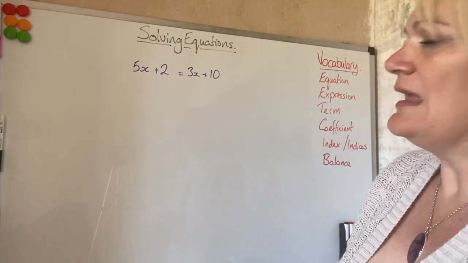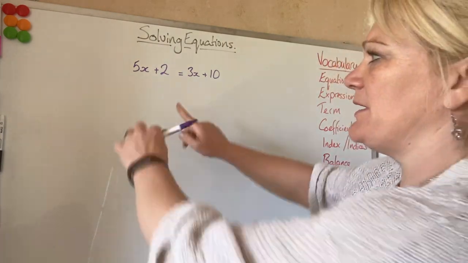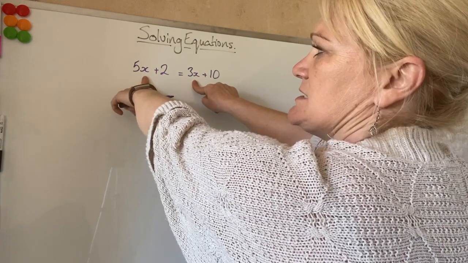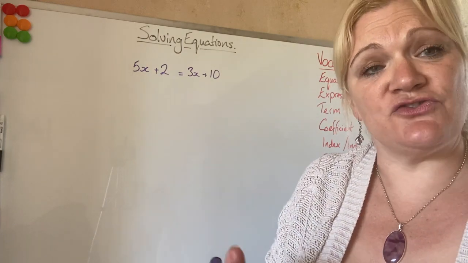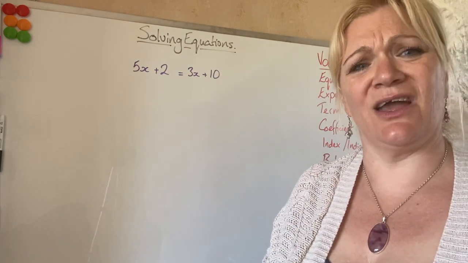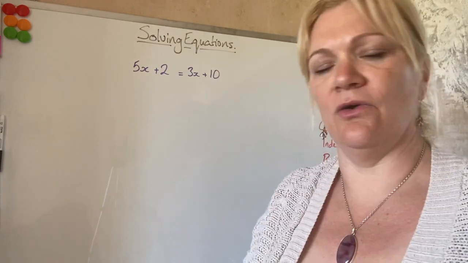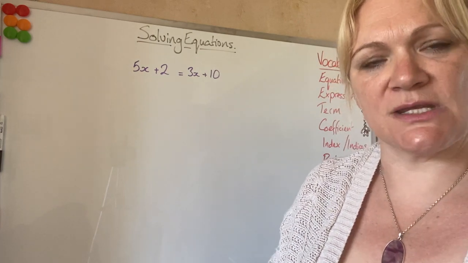Now in this equation you can see it's much trickier because we've got these unknown variables on both sides of our equation. We can't just look at it and go, oh, x must be 4, or x must be 7, or x must be 12. We've actually got to really think about it and work out what's going on.